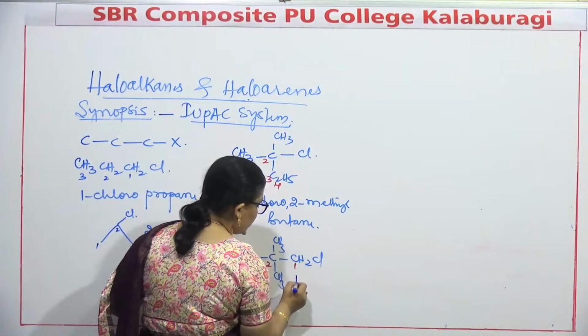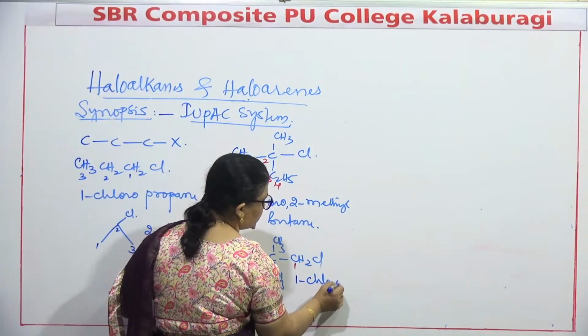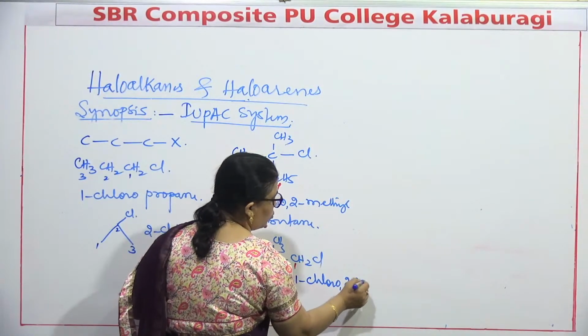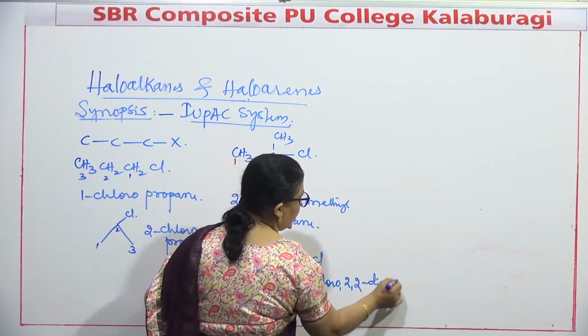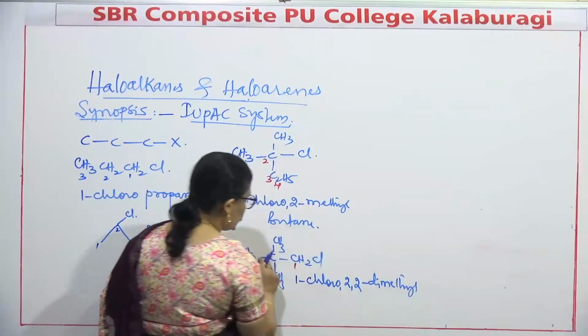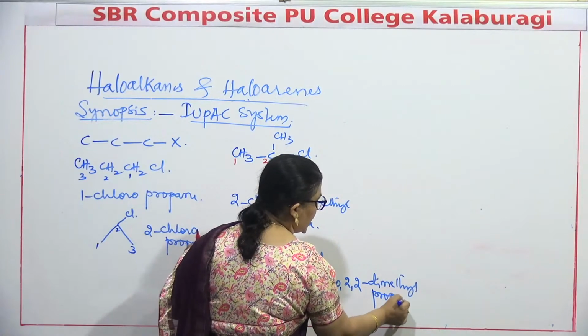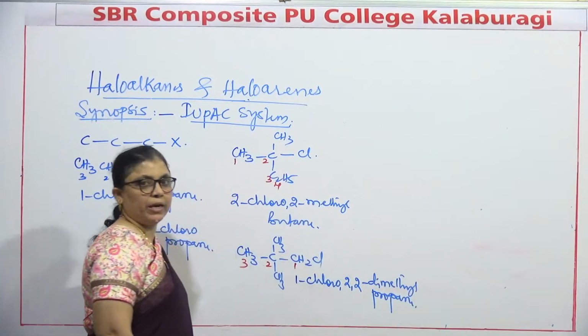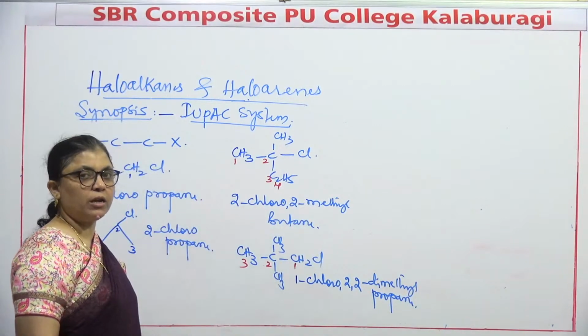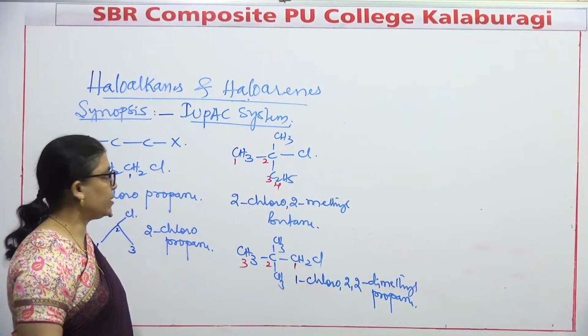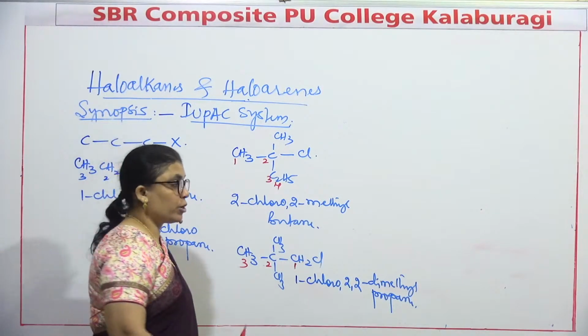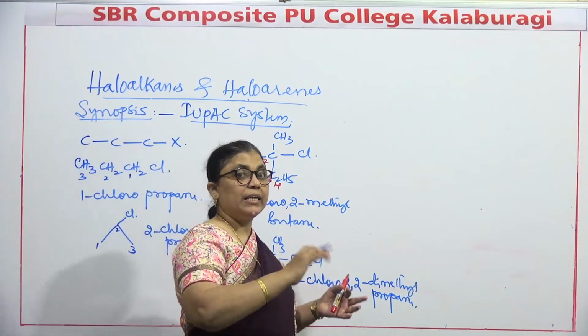We can call it 1-chloro, further 2,2-dimethyl. Okay? 2,2-dimethyl. How many carbon atoms in the parent chain? 3 carbon atoms. We can call it propane. Isn't it?